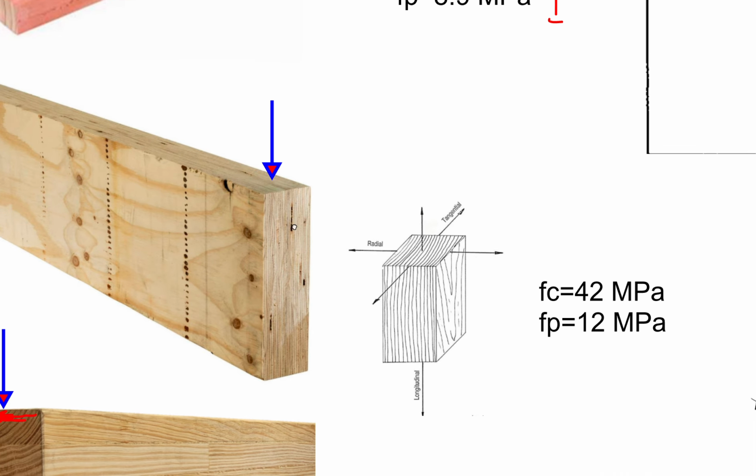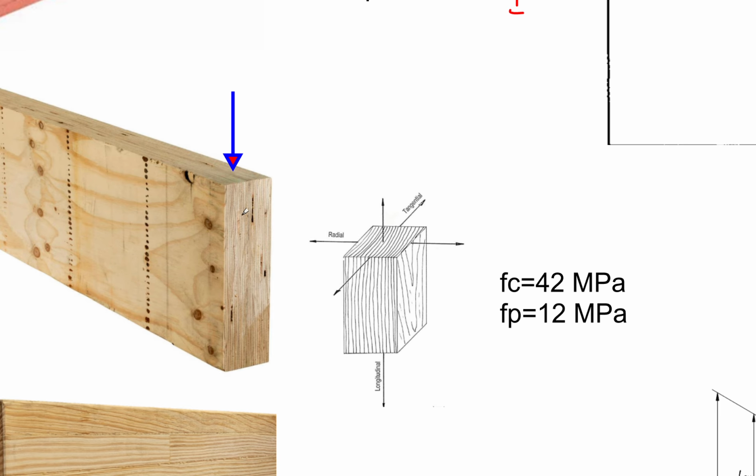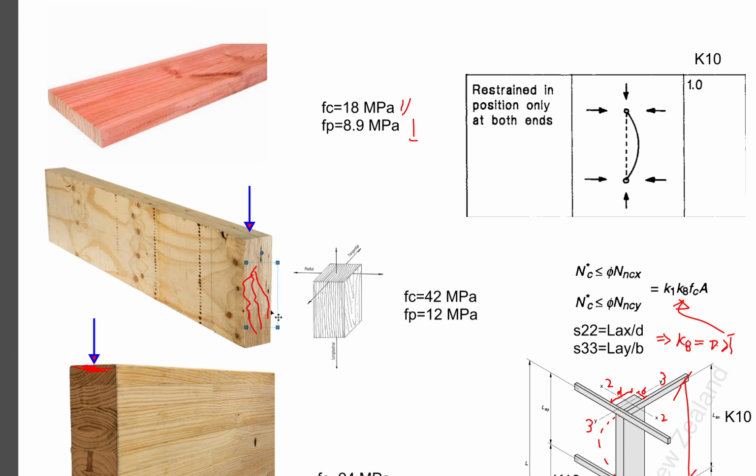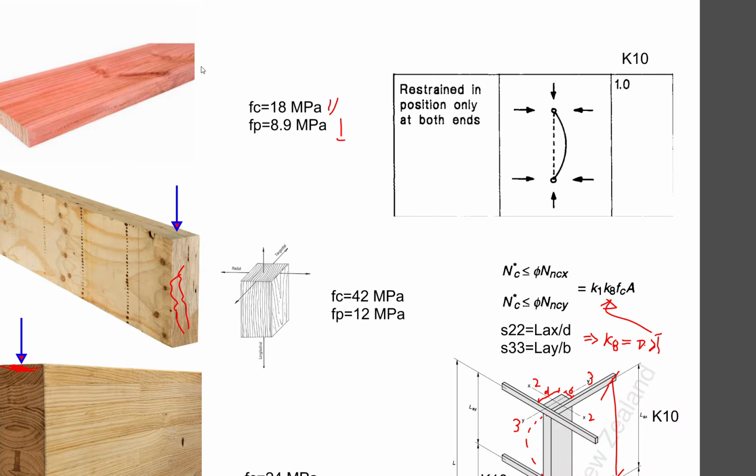But when the compression is loaded axially, these forces are trying to buckle these fibers, thinking of it under the microscope, and that takes a lot of effort. That's why compression parallel to grain is always higher than perpendicular to grain. Just bear that in mind.